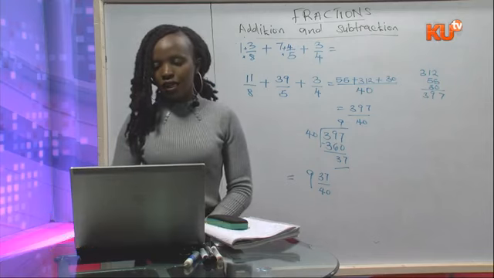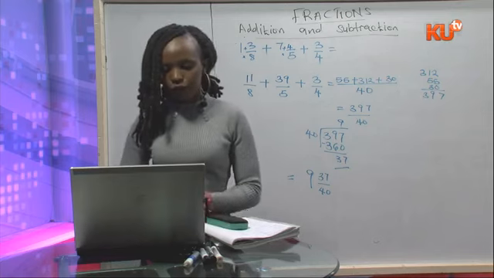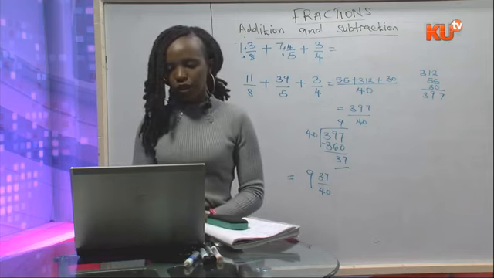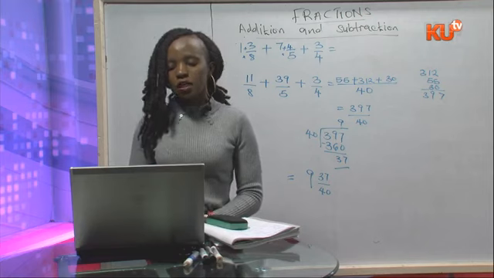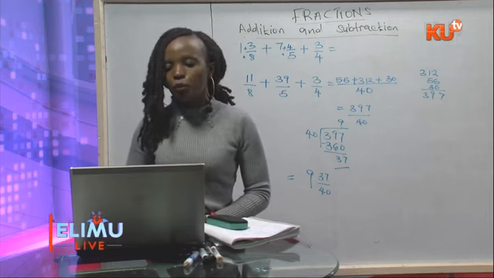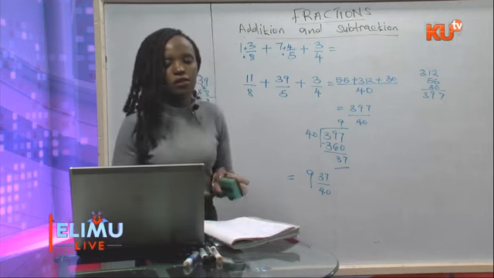So I want us to do the last one in addition before we come to subtraction. The last example in addition. That is 3 7/12 plus 4 3/4.